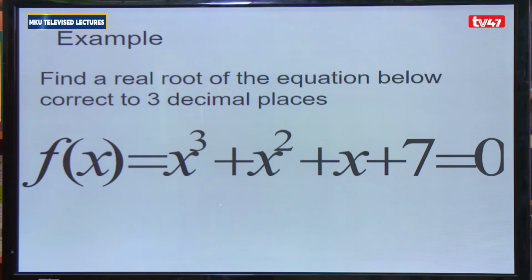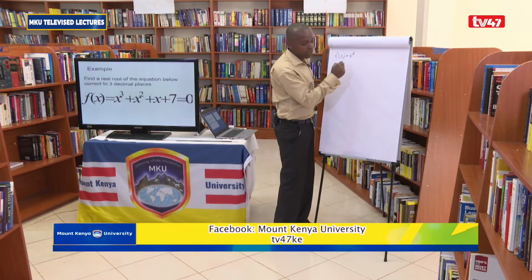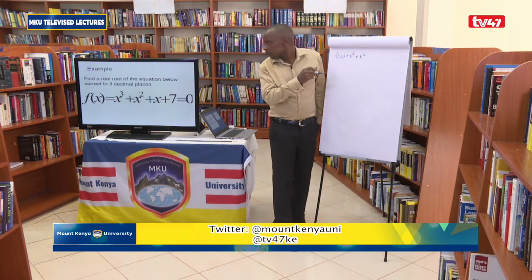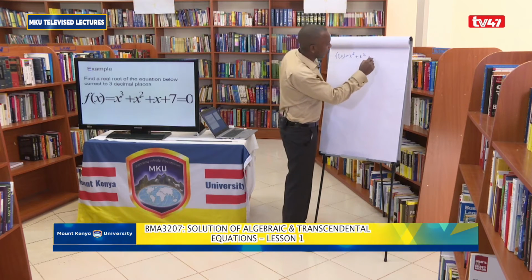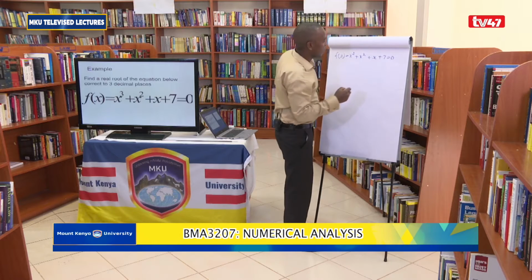So I want us to look at an example here and see how we can apply the method described to find the approximate root of this particular function. We have the function f of x equals x cubed plus x squared plus x plus 7 equals 0.